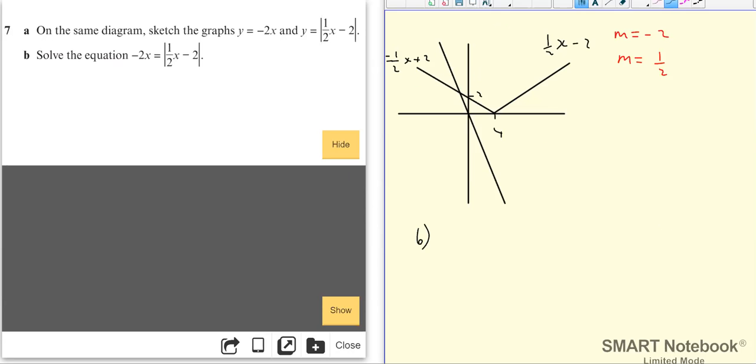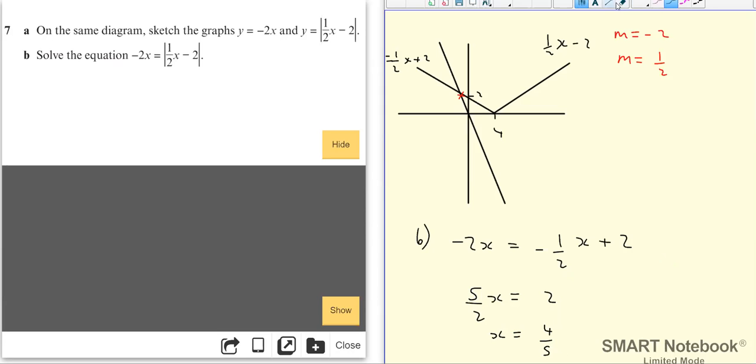There's only one solution, and we can figure out what that solution is by making minus 2x equal to only this part of the equation of the line. So then I'm going to make that equal to a half x plus 2. And I get 5 over 2x equals 2. So x is going to equal 4 over 5.